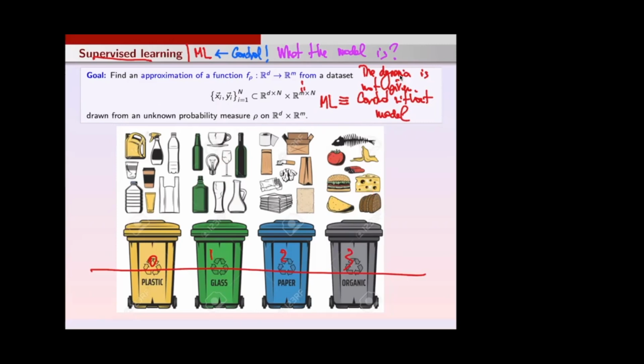And then the mathematical question is, please build a dynamical system so that whenever you start from any of the items in this yellow category, the trajectory will land in the reservoir 0.